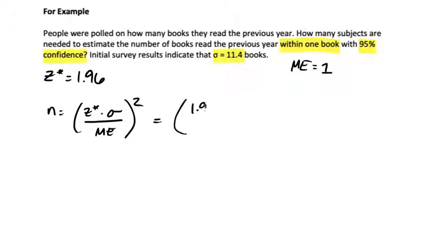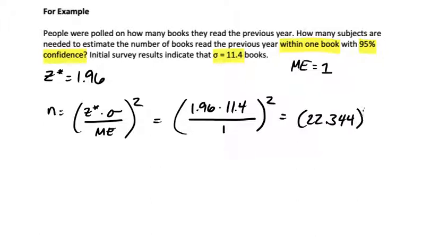So that would be 1.96 times 11.4 divided by 1, and then I square the answer. So do what's in the parentheses first. That's 22.344. And then when I square that, I get 499.25.